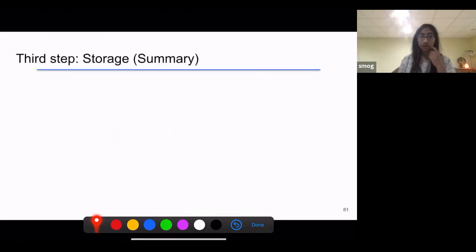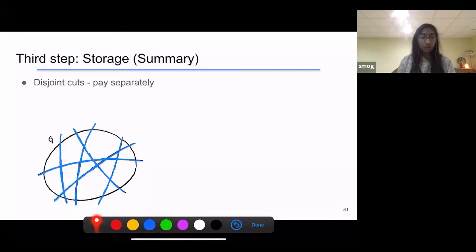So let's quickly go over what we've done to prove the storage of the third step. First, we said that we're going to take some set of representative cuts and pay for each of them separately. And we want to make sure that the size of this set of representative cuts is small, so that once we prove that there are a small number of cuts that we're paying for separately, we know that there are only O of n edges that we're paying for in this step.